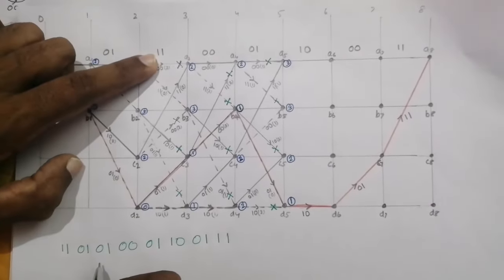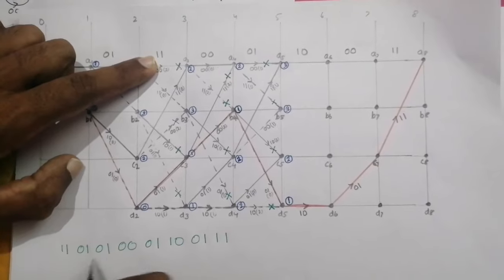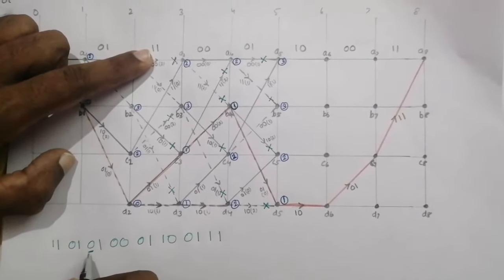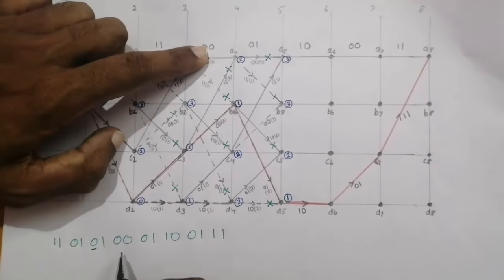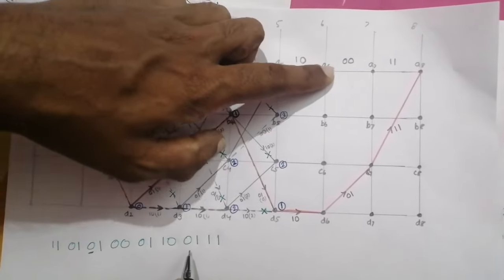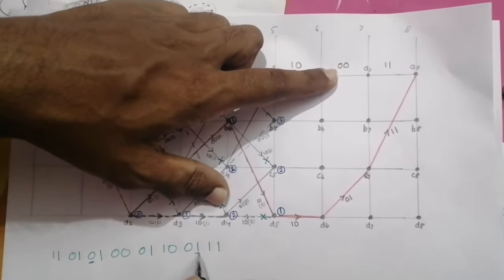So here it is 1 1, so our corrected sequence is 0 1. One error here, one error was here, then 0 0, 0 1, 1 0, 0 0. One error occurs here also.